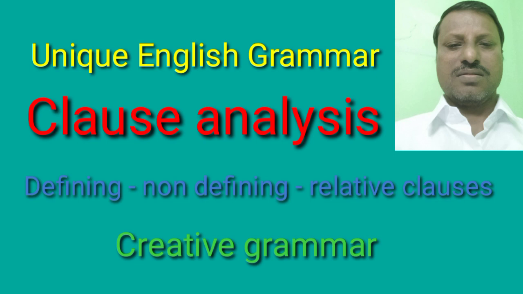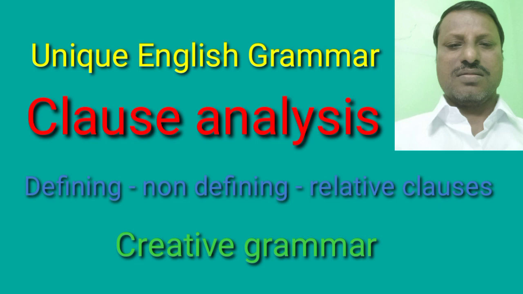For example, my uncle who lives in India is a famous lawyer. In the sentence, who lives in India is a defining relative clause. It defines the noun, my uncle. Here, the sentence describes that I have some uncles. All are not lawyers; particularly the uncle who lives in India is a lawyer.